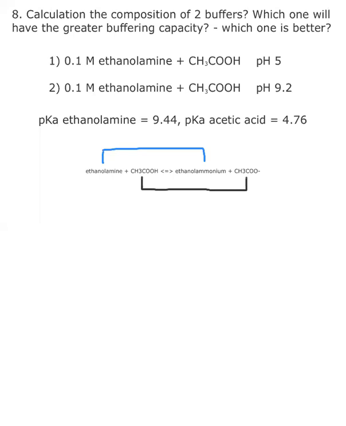Well, in this case, how does this work? So you notice that the two buffers that we have here have different pH, right? Because we have the pKa of ethanolamine equal to 9.44, whereas the pKa of acetic acid is only 4.76.